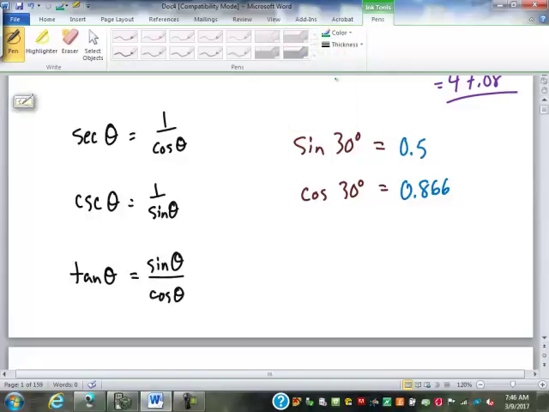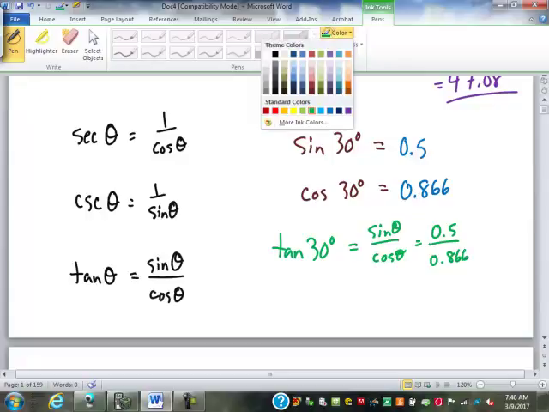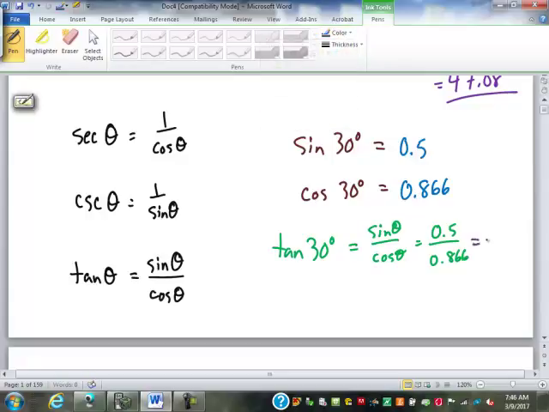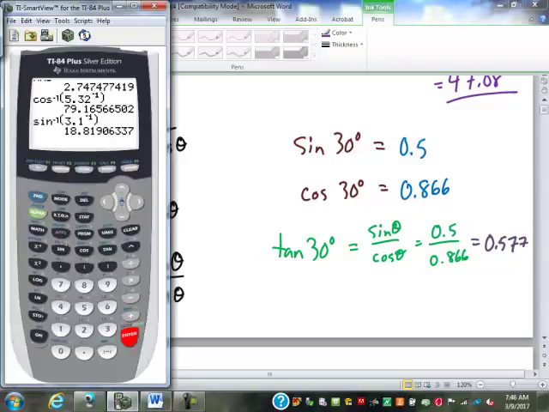Now, without using the tangent button on our calculator, the tangent of 30 degrees has to be the sine over the cosine. So 0.5 over 0.866. If I divide that out, I get 0.577, it looks like. Is that the tangent of 30 degrees? And yes, it is.